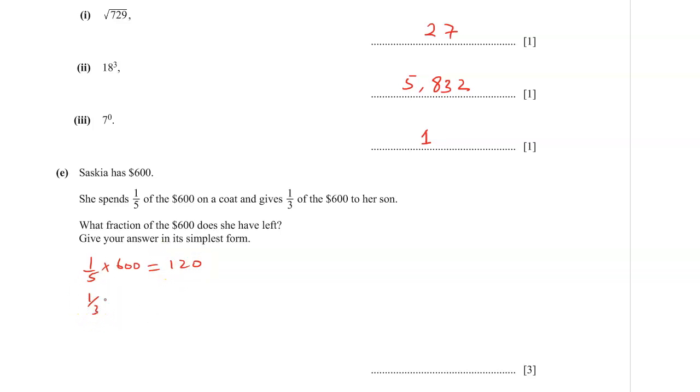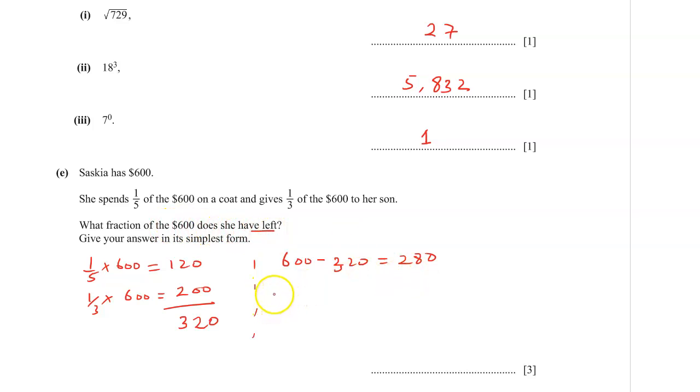A third of 600 is 200. That's what she gives to the son. So she spent a total of 320. And her balance, what she's left with, is 600 minus 320, which is 280.